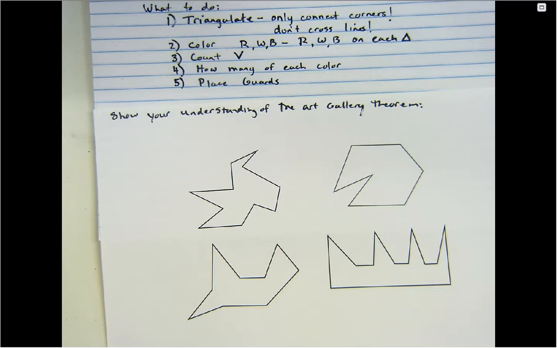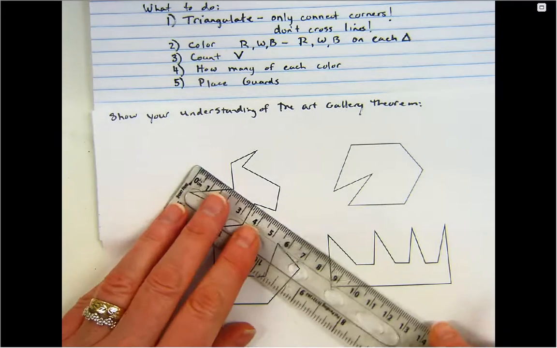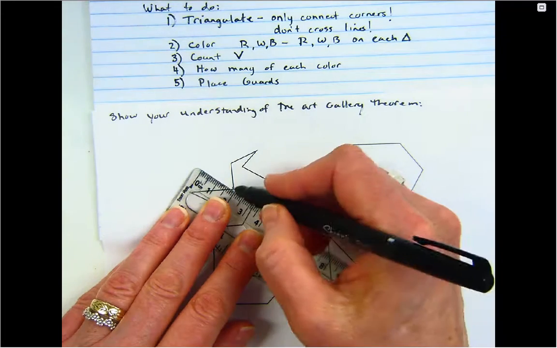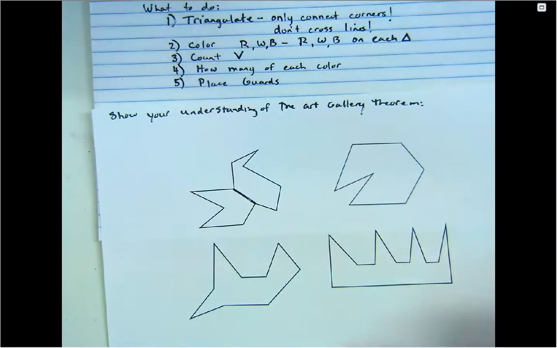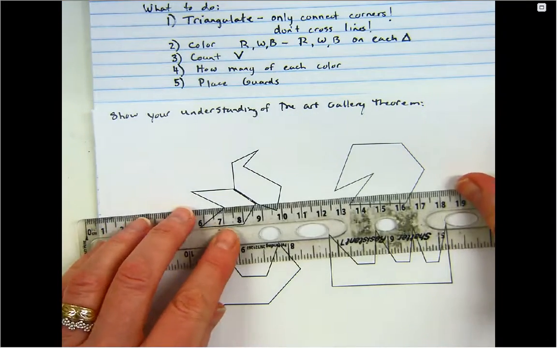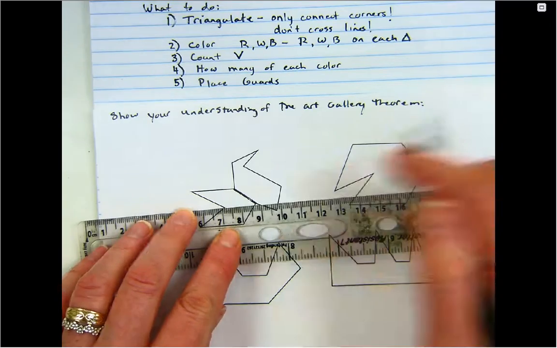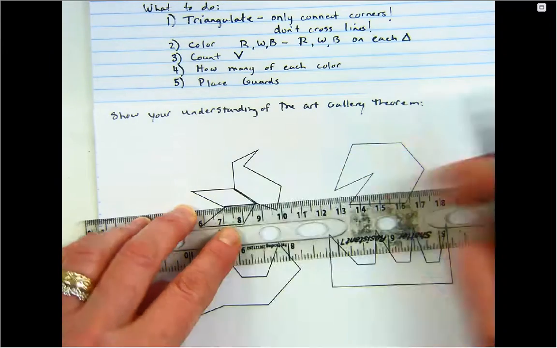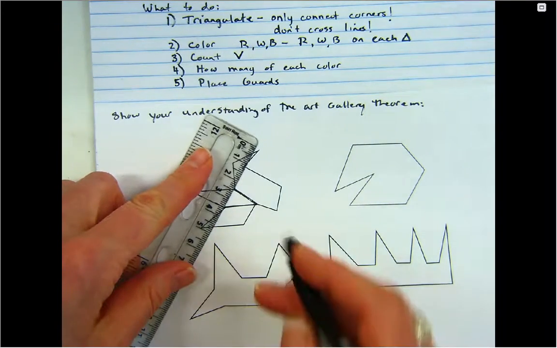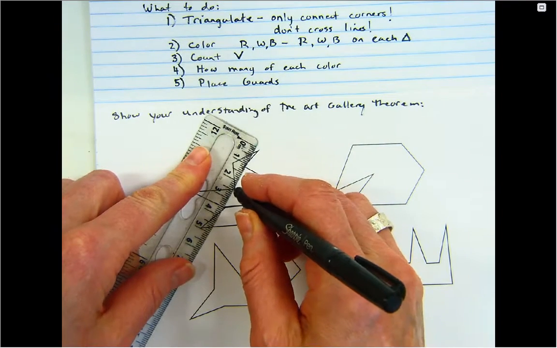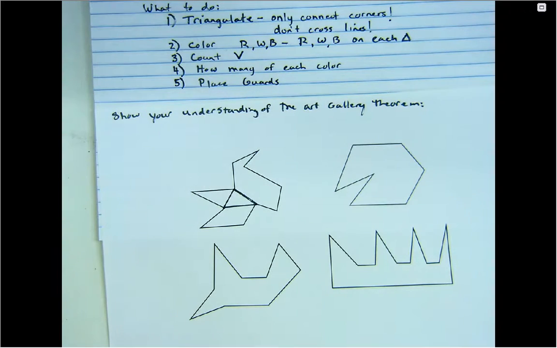So let's go ahead and start triangulating. You just connect 2 corners. Remember, you only connect corners. And if you've made a triangle, then you're done on that. If you're not sure that you made a triangle, then connect 2 more corners to make sure you have a triangle. If you're not sure your triangle had a straight line, and you'll see what I mean sometimes, probably on one of these other ones.